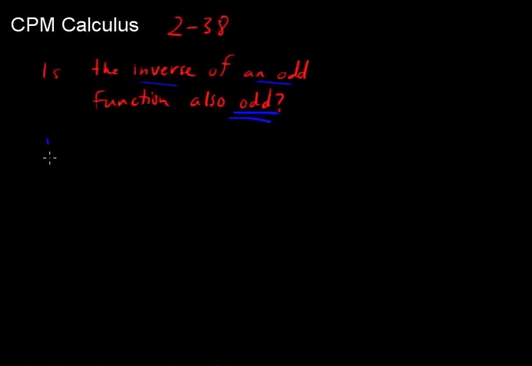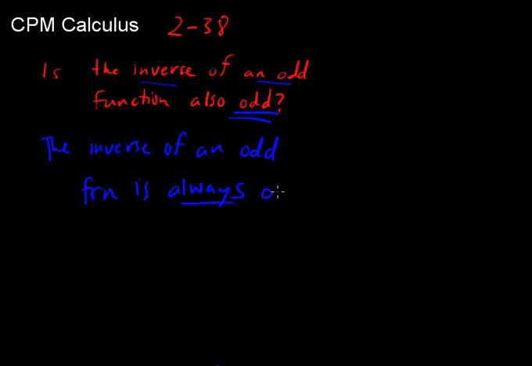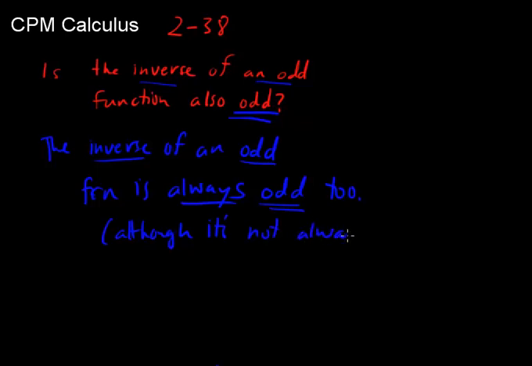So even though it's not a function, the inverse of an odd function is always odd too. If we have an odd function and take the inverse of it, it's also odd, although it's not always a function, which we discussed in part 1. So include a statement to support your answer, which we did, and sketch a graph of an example, which we did.